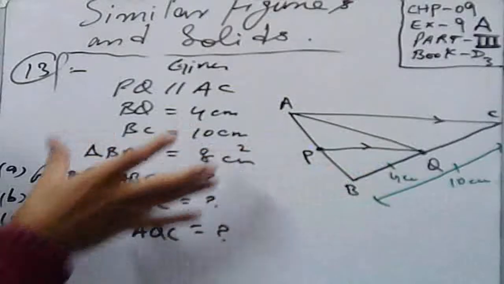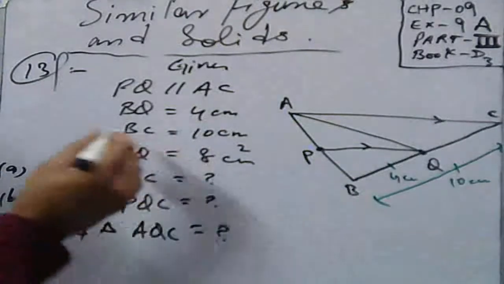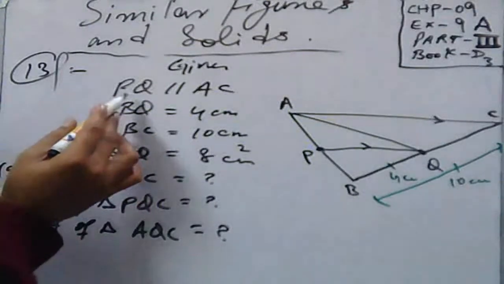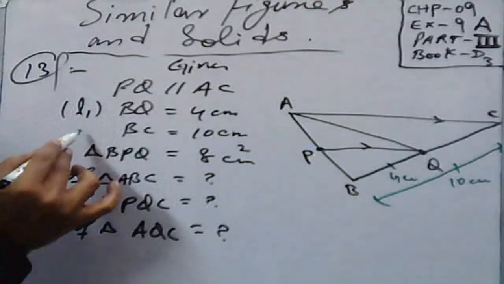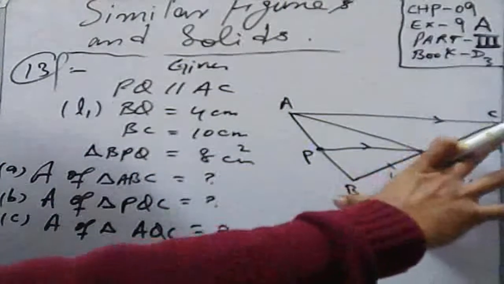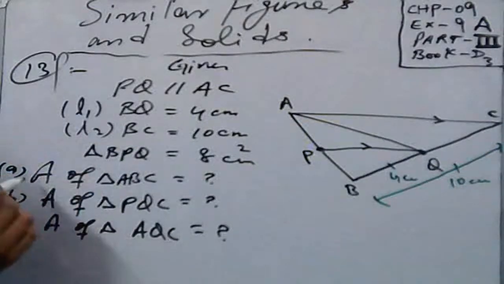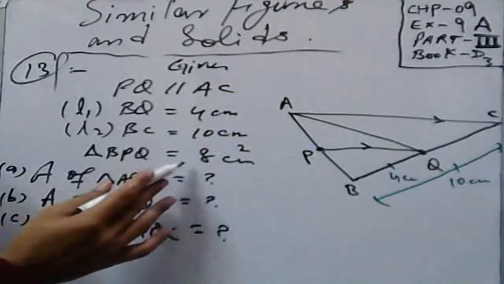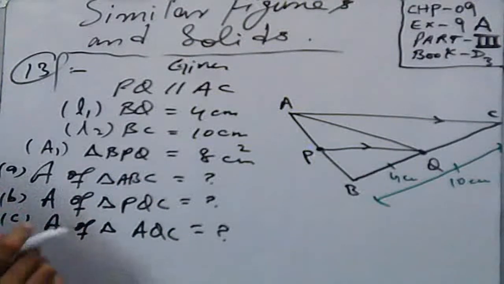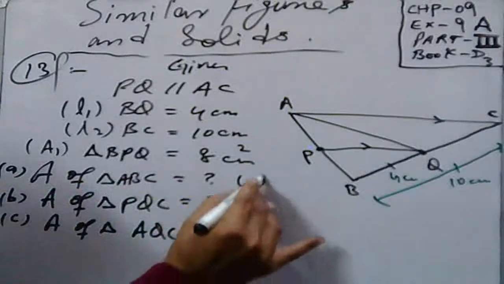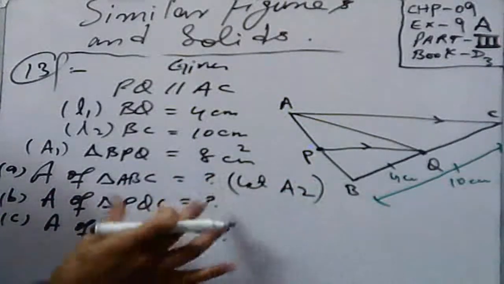So if we use the formula, suppose the value of BQ is L1, and BC, because the full side is used here, is L2, and the area in A part, the 8 centimeter square, is A1. Let us say the area A2 we have to find.